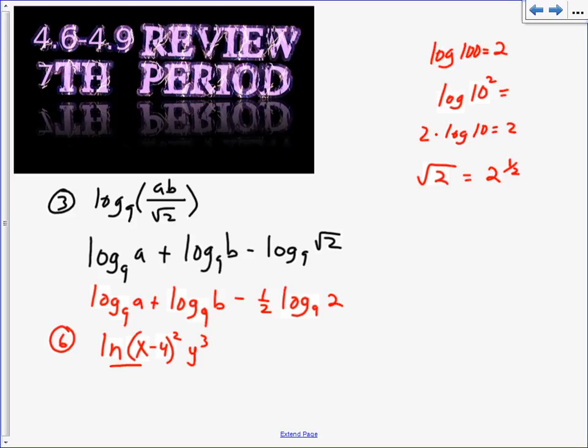On bottom, I have a 6 and y. If I simplify, y cancels out here. 1 y on bottom with 3 y's on top leaves me with y squared on top. So then my answer should look like this: natural log of y squared times x minus 4 squared over 6.